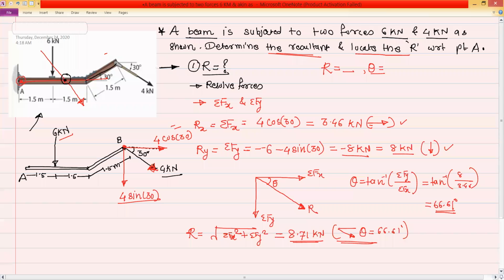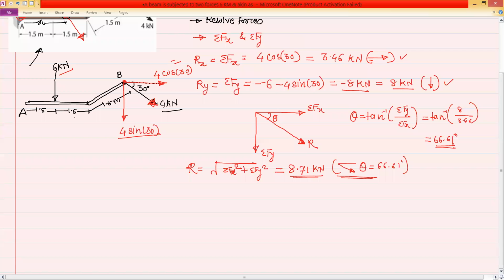So this is the point of intersection of the resultant R. So we have to find out this x distance. Okay, so up to this step, is it clear to you how to find out the resultant? Okay, so now we will try to find out the distance of the resultant with respect to point A.